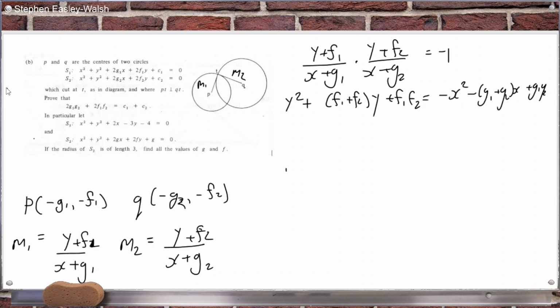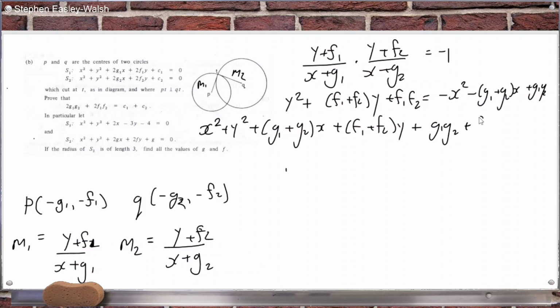So if I take everything to the left, maybe I get x squared plus y squared plus g1 plus g2 x plus f1 plus f2 y plus g1 g2 plus f1 f2 equals 0.